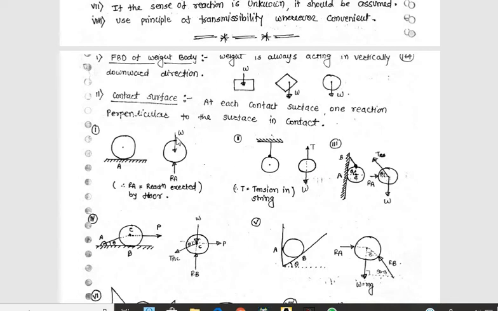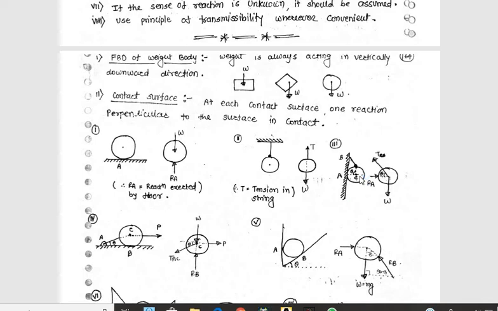Now see, in one figure the weight is shown here, and in the other it is shown here. Here it creates a pushing effect and here a pulling effect, but its line of action remains the same. This is called the principle of transmissibility of force. So this is true.